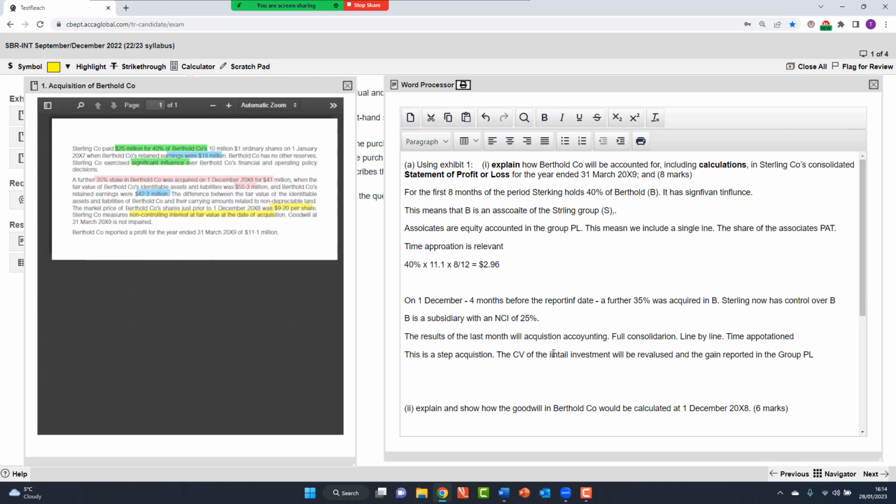Now, potentially there are some numbers to be involved. One of the numbers that I could get involved in is the NCI. So the profits attributable to the NCI would be reported in the group P&L.